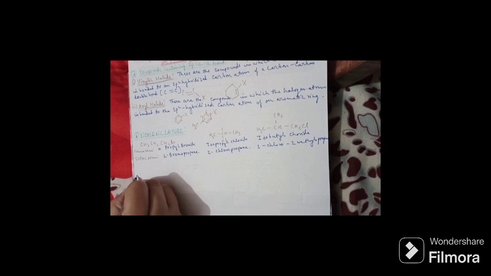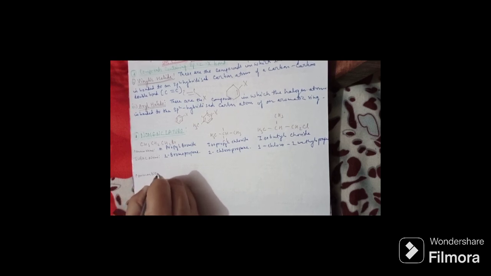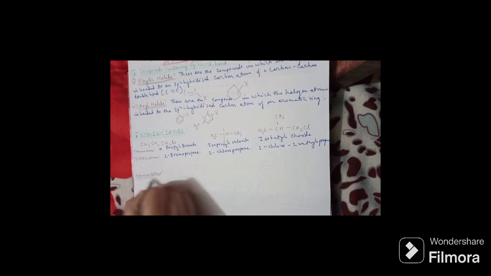Now we talk about the next one, the ring type structure. We have benzene with a ring, and we will name the common name and the IUPAC name for it. First we write it down here: common name and IUPAC name.